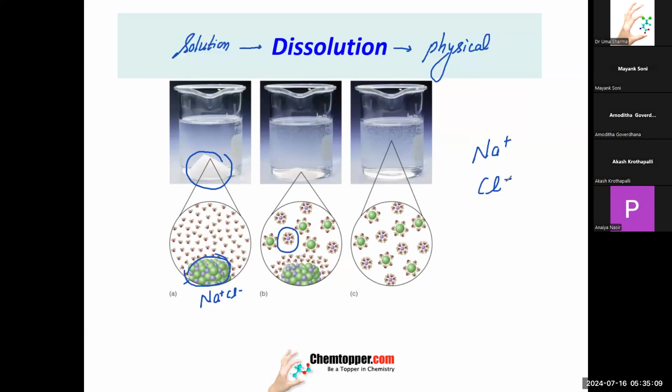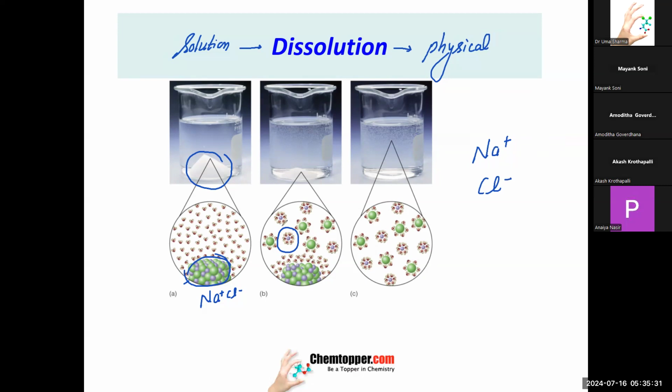Yes, Mayank, Ananya. Do you remember from the periodic trends? This Na plus has how many electrons? Okay, so please be very solid with your periodic trends.